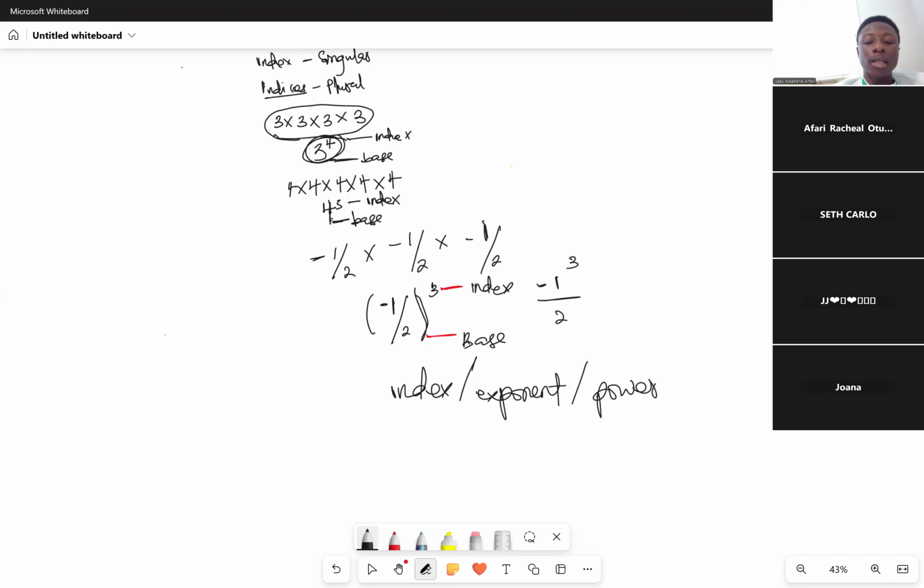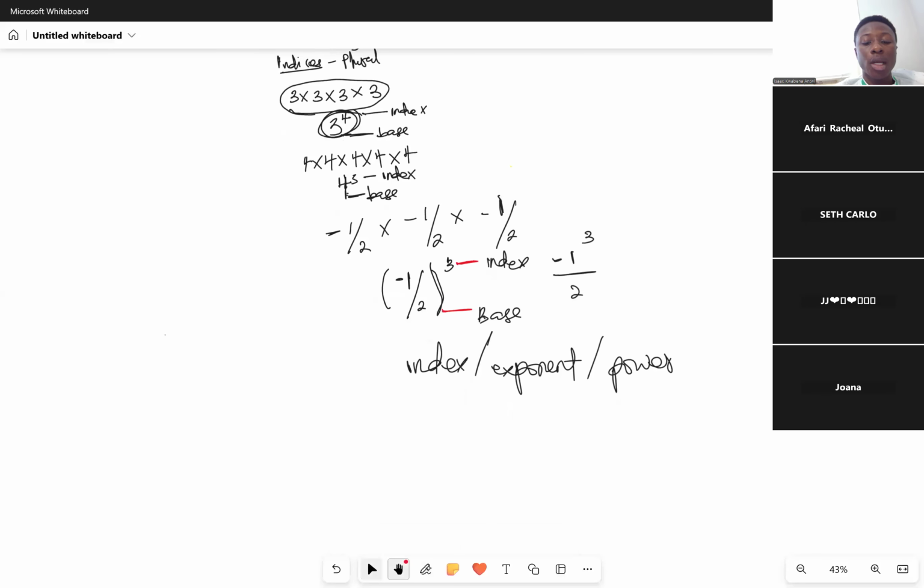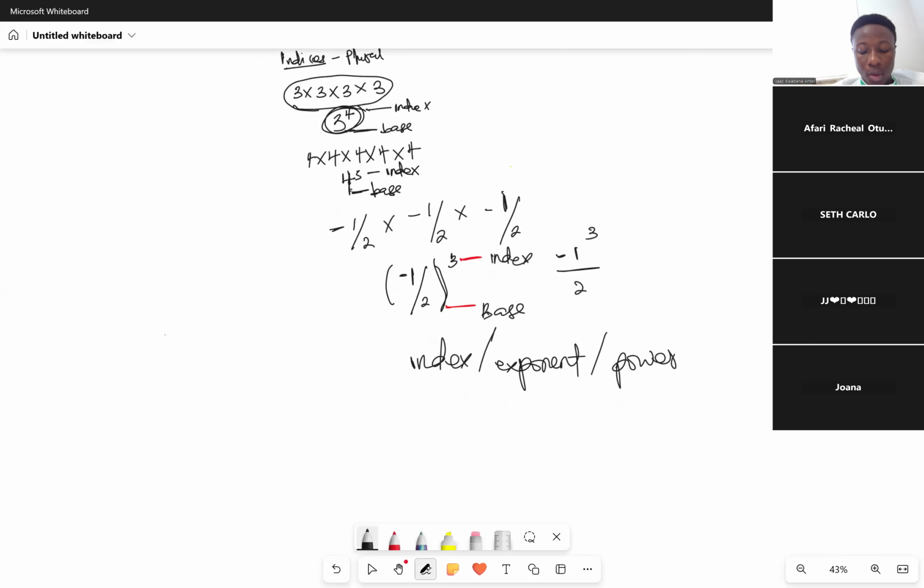It's something I want us to be looking at. So let's look at the laws of indices.